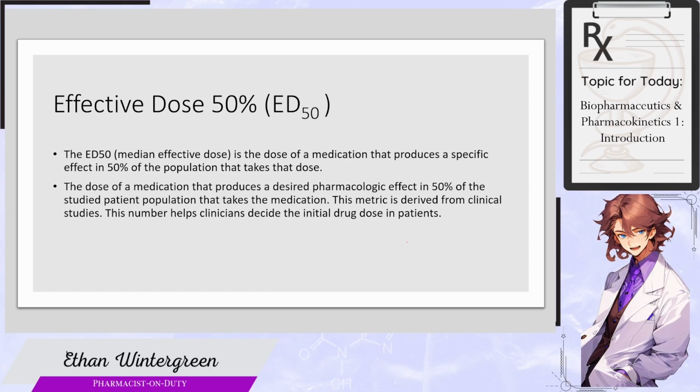So take for example, you give 70 milligrams of a drug to 100 people. If 70 milligrams were able to produce an effect on 50% or 50 persons, that is the effective dose 50. So it is the dose of the medication that produces a desired pharmacologic effect in 50% of the studied patient population that take the medication. This is obtained from clinical trials.